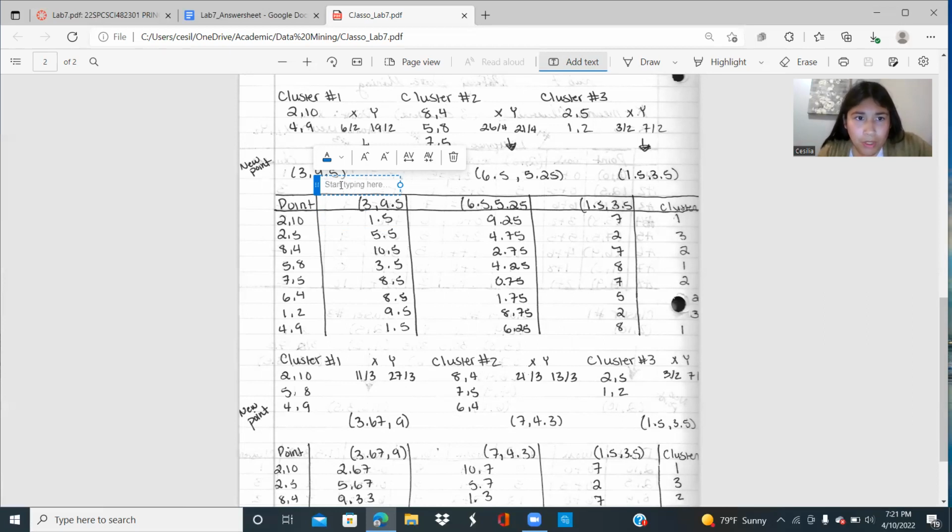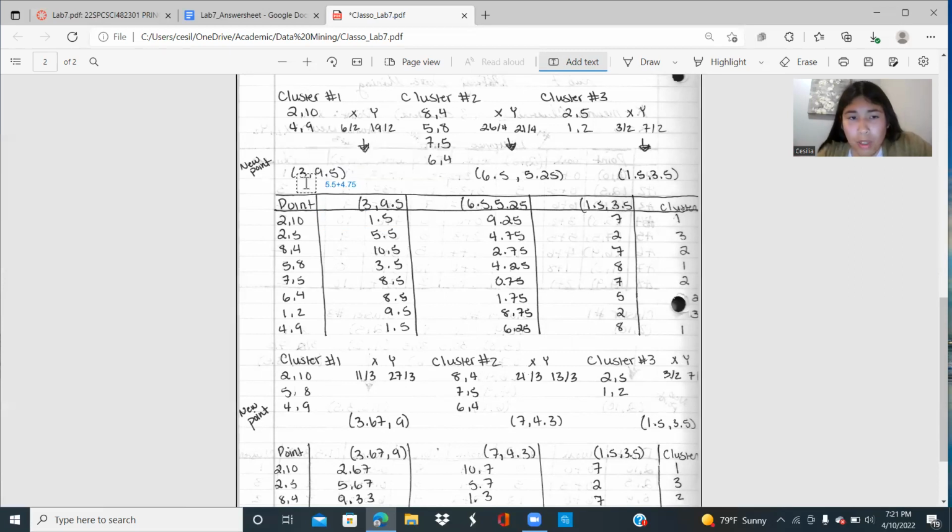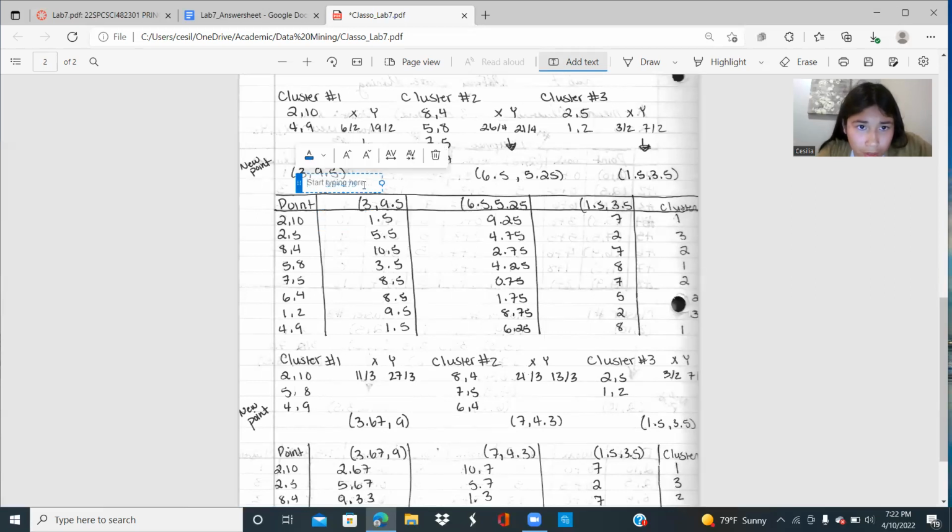The difference between 2 and 6.5 is 4.5, so that's going to be 4.5 plus 4.75, which gives you 9.25. Then here you do the same thing as well. The difference between 1.5 and 2 is 0.5.